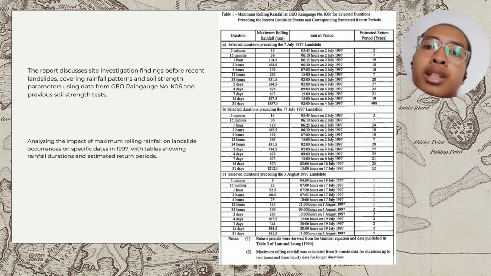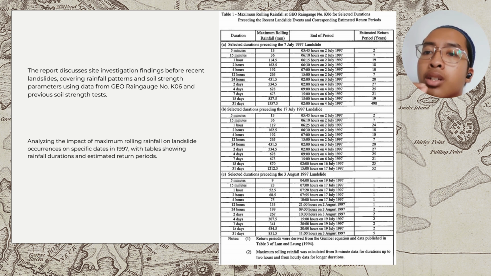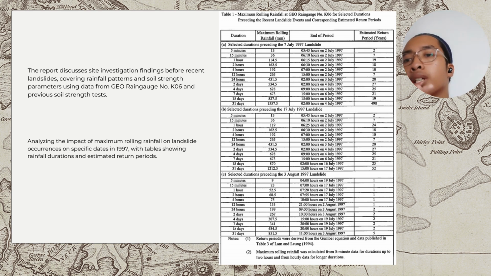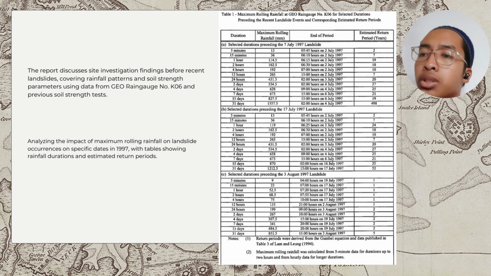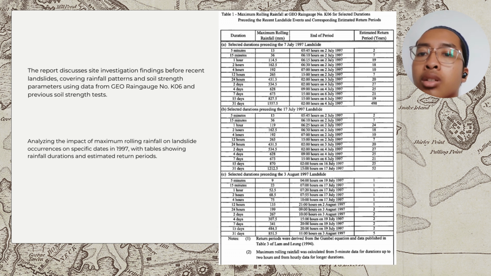Next, site investigation. This report also presents the results preceding the recent landslide events, focusing on rainfall pattern and soil strength parameters. The data include maximum rolling rainfall, measured at Geo rain gauge number K06, and soil strength laboratory test results from previous investigation.